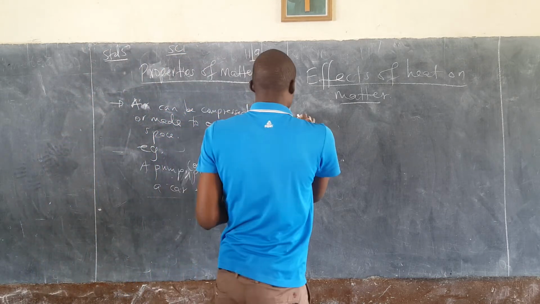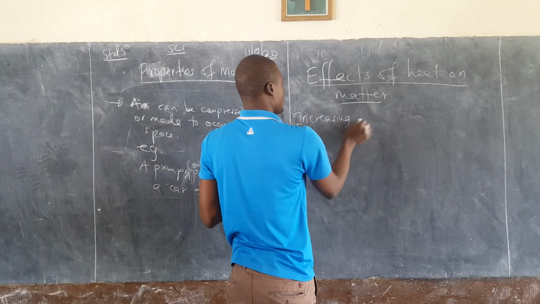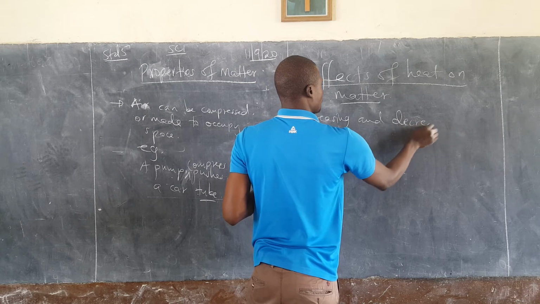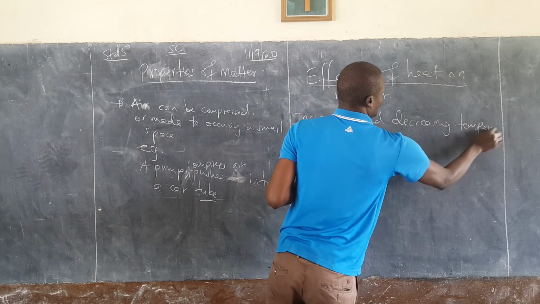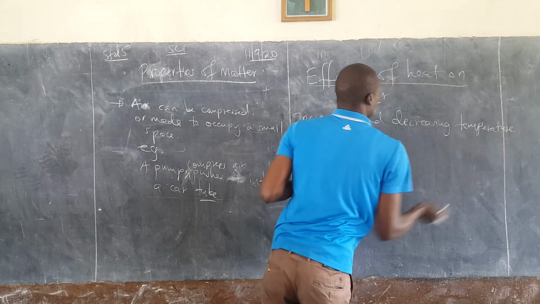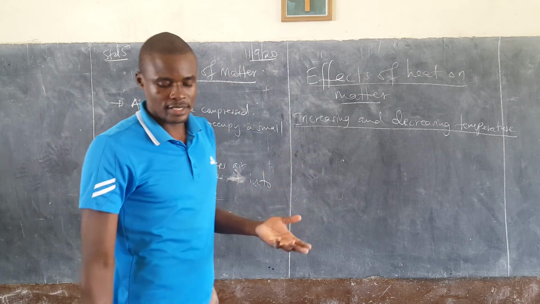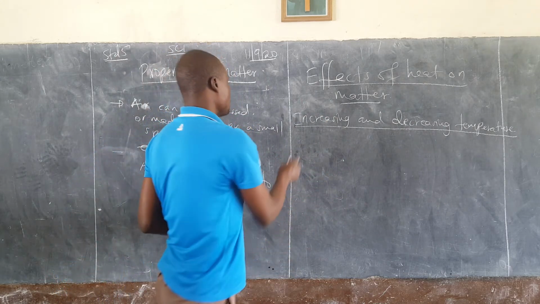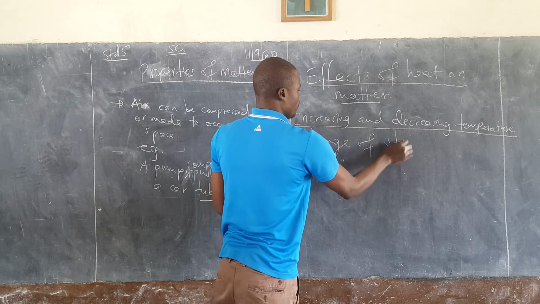So we talk of increasing and decreasing temperature. How do they behave when we increase temperature or when we decrease temperature? So these are another issue of change of states.